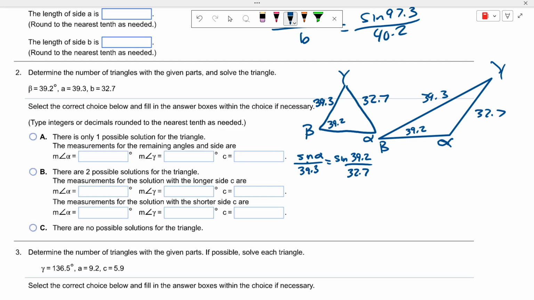And then once you get that, you get a decimal, and then you go second sine, inverse sine of the answer. Okay? So when we get that, we get what as an angle? 49.4. So if that's 49.4, its obtuse partner would be 180 minus 49.4, which is 130.6.